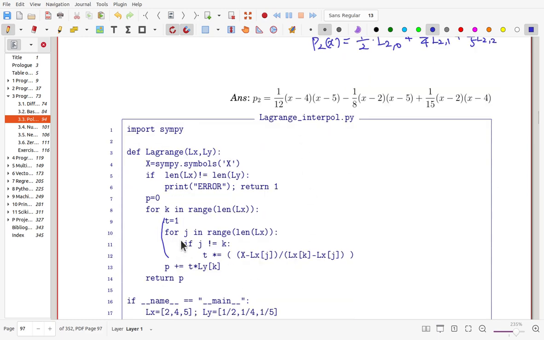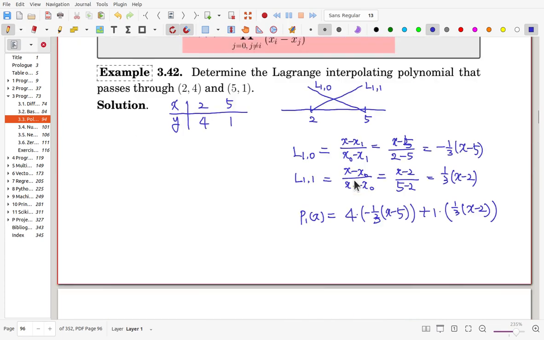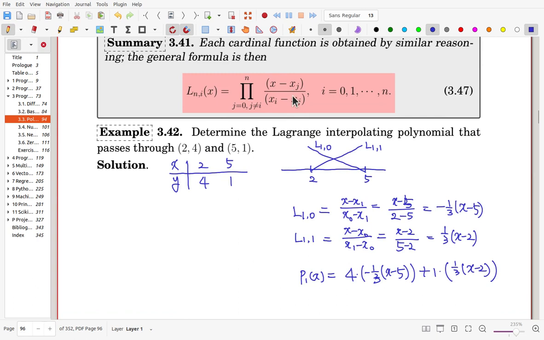Now j is moving over the whole data points, and once j is not k, then we multiply by x minus xj divided by xk minus xj. That is multiplied. So it is making that 1. That is exactly following that formula. So we try to make the kth cardinal function.